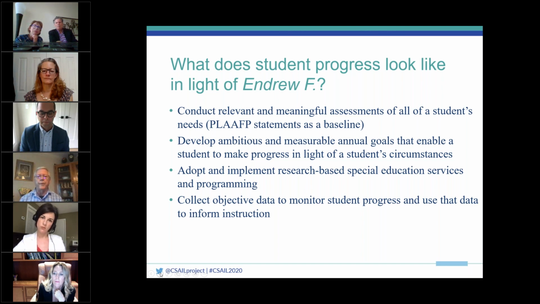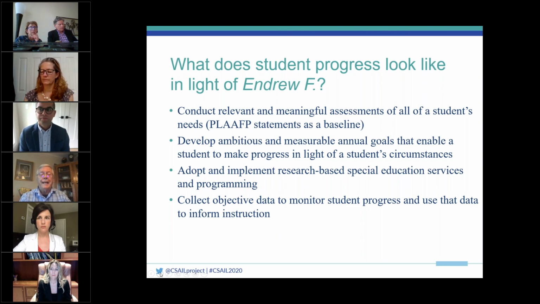Secondly, we need to develop ambitious, measurable, and individualized annual goals that enable a student to make progress appropriate in light of the student's circumstances. Third, adopt and implement research-based special ed services and programming that make progress more likely. And finally, collect objective data to show that a student is making progress, and then use that data to inform instruction.